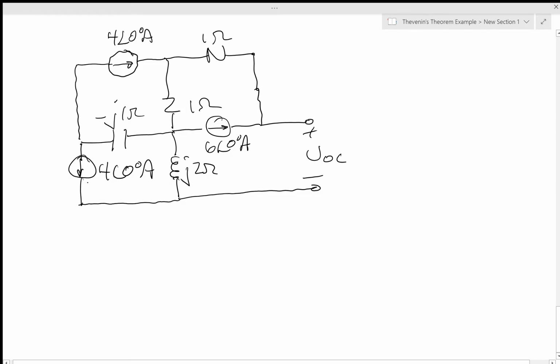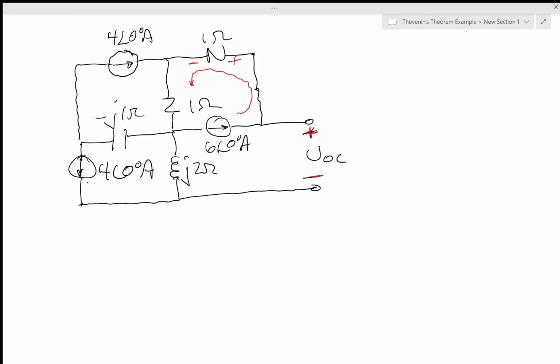All right, let's see if I get the same answer. Hopefully I do. All right, here we go. I'm not going to use loop equations per se, but I'm going to use the current sources that are there. I'm going to say that this 6 amp current source flows right there. Notice that this voltage drop and this voltage drop are in the same direction.